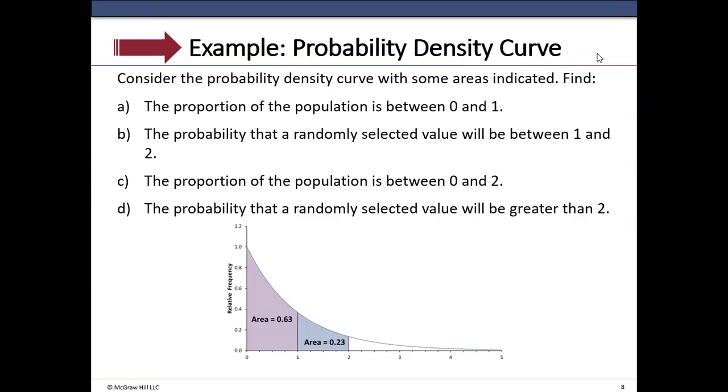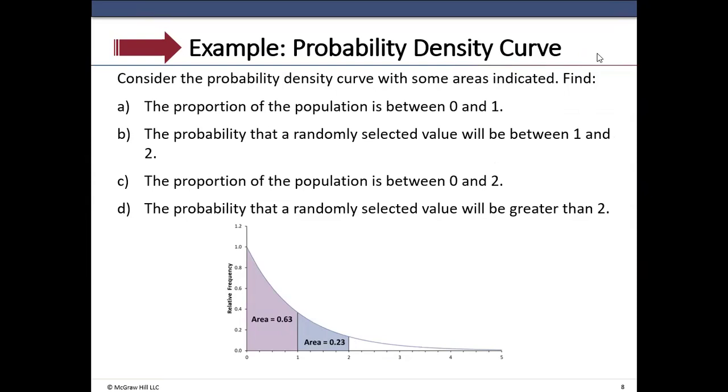The probability that a randomly selected value will be greater than 2. We know the total area under the probability density curve is 1, out of which between 0 and 2 it is 0.63 plus 0.23, which is 0.86. So greater than 2 will be 1 minus 0.86, which is 0.14.